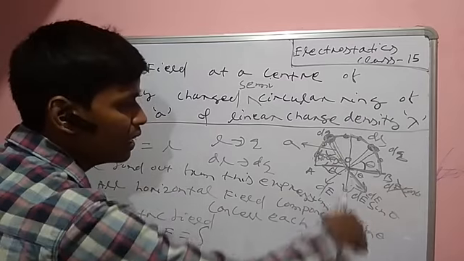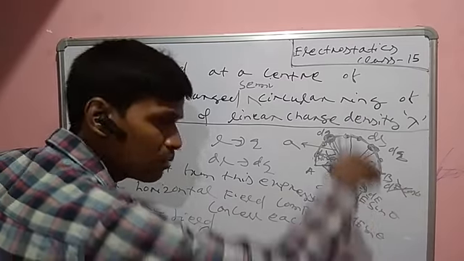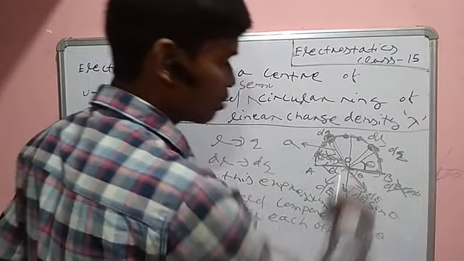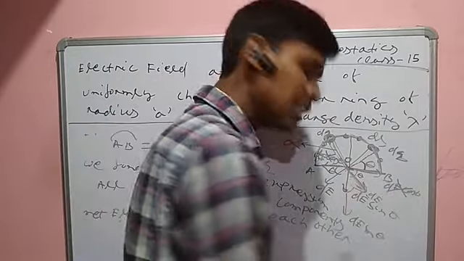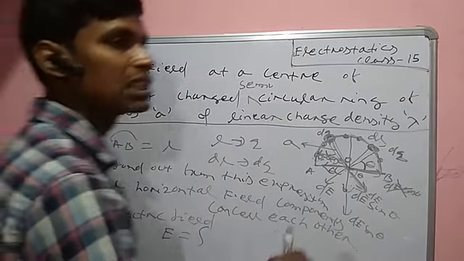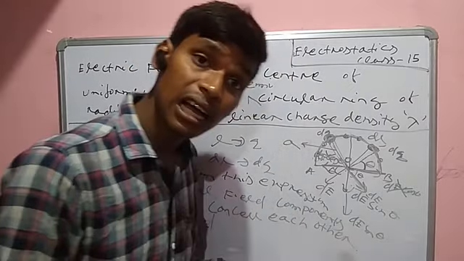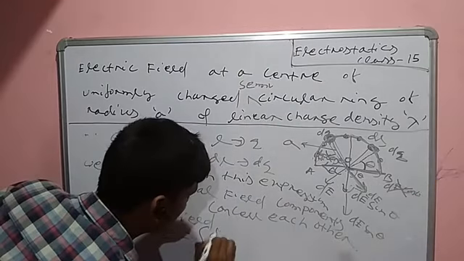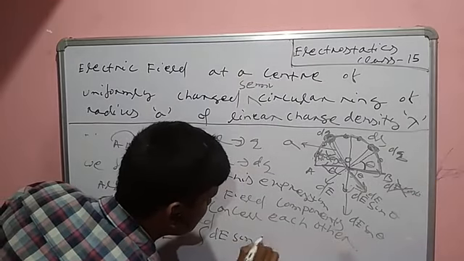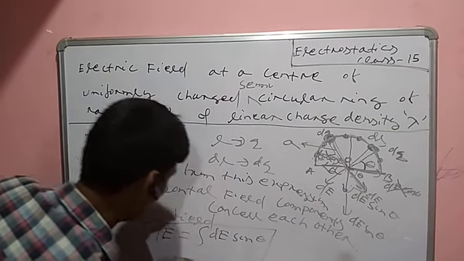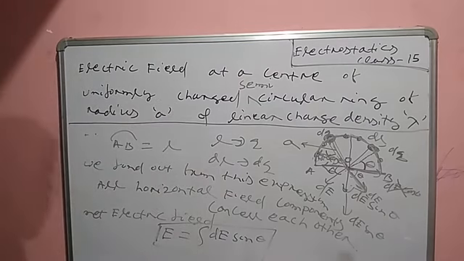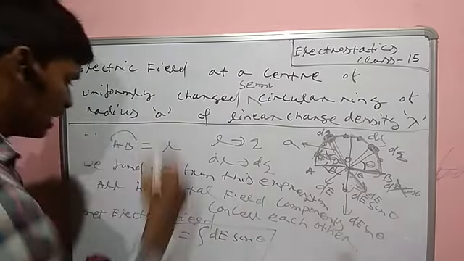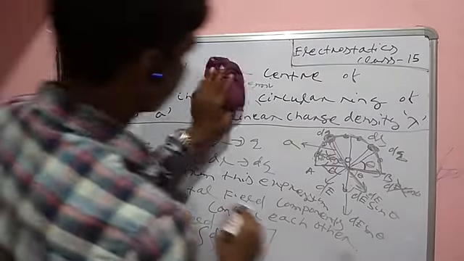The integration of dE sin theta, all adding in the same direction. That means dE sin theta plus dE sin theta plus dE sin theta, so in one word, the integration of dE sin theta. Yes or no? E is equal to the integration of dE sin theta.